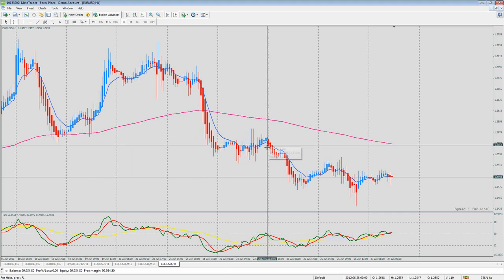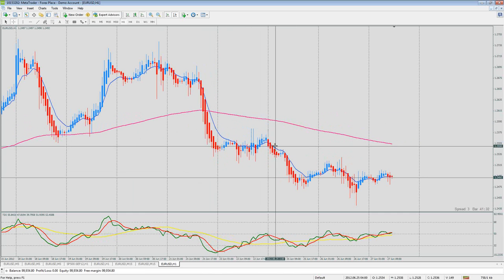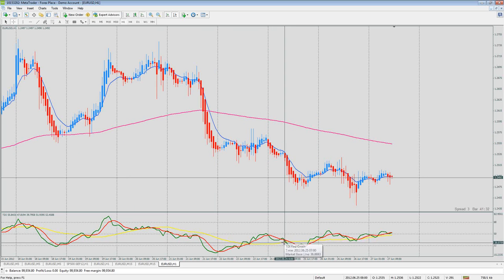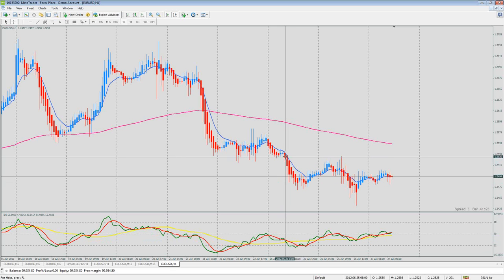And when we have the red candles below the 200 and below the 10 EMA, and the green is below the yellow and the red, just like here, and preferably below the 50, these are the short entries, the signals to go short.